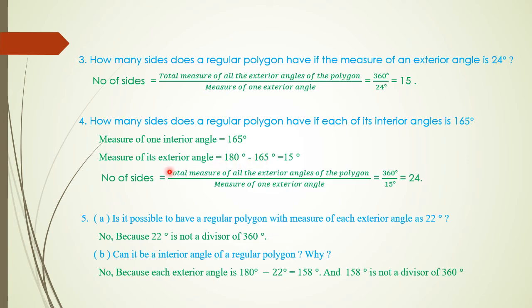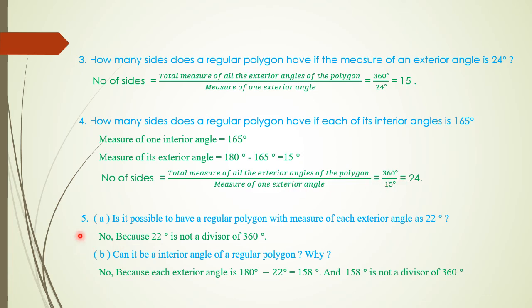Okay, so we got here exterior angle as 15 degree. Now, number of sides is equal to total measure of all exterior angles of the polygon divided by measure of one exterior angle. That is 360 degree divided by 15 degree is equal to 24. So, number of sides of the regular polygon is 24.